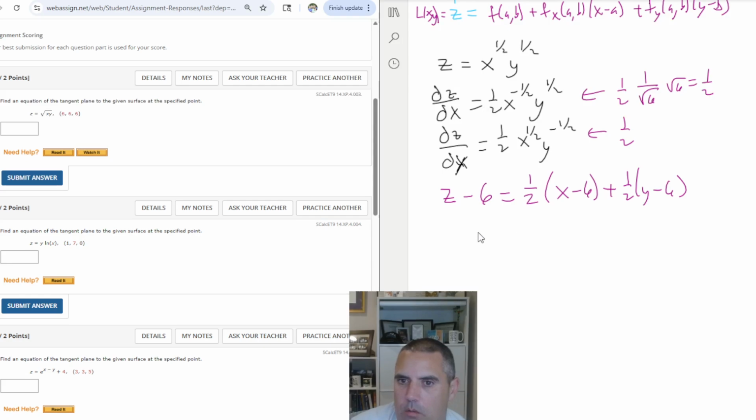And if you solve for z, you would get 6 plus 1/2 (x minus 6) plus 1/2 (y minus 6). And we would say that near (6, 6), this is a decent approximation of the value of the function.